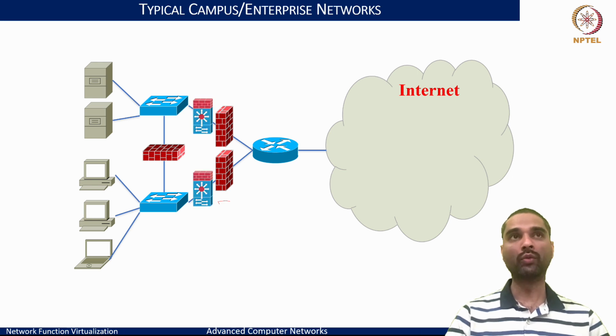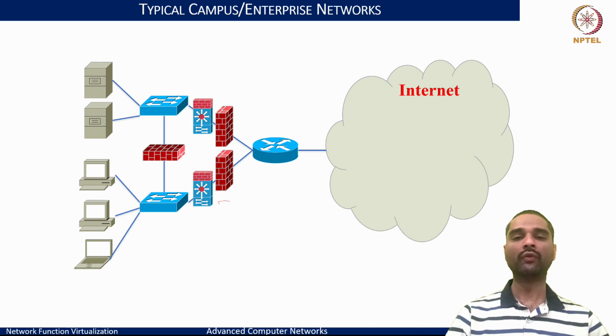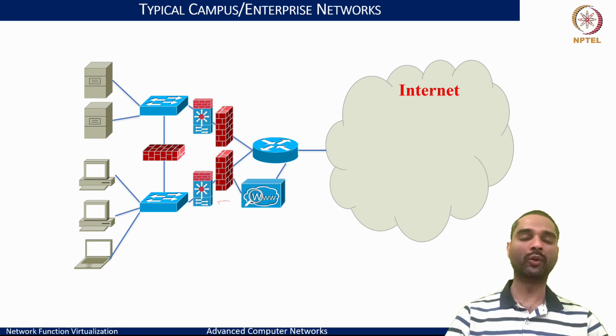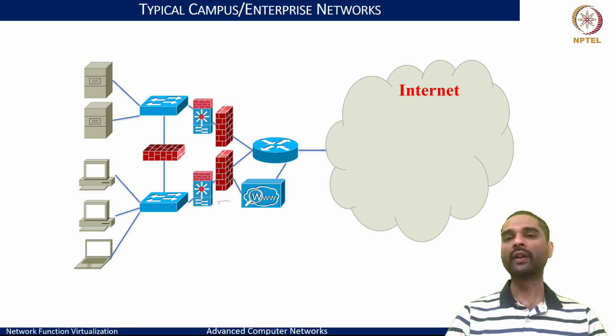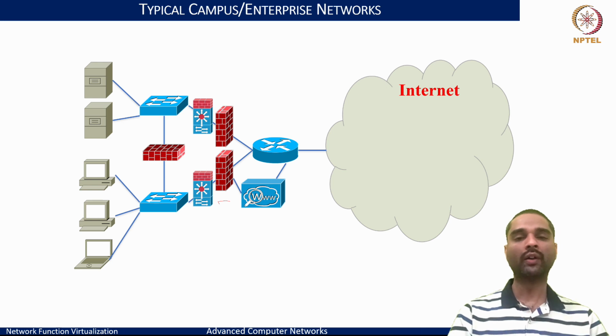And it could be a lot more devices than just firewalls. We could have packet gateways adding filtering capabilities. We can have several other optimizers like WAN optimizers and WWW caches, all of these being inserted within our campus network. In reality, what we really have is not just routers and switches, but so many different middle boxes set up on the network.